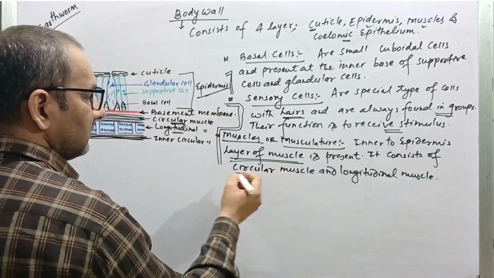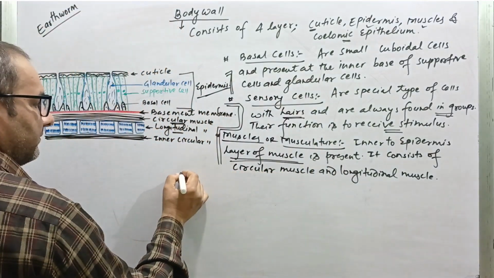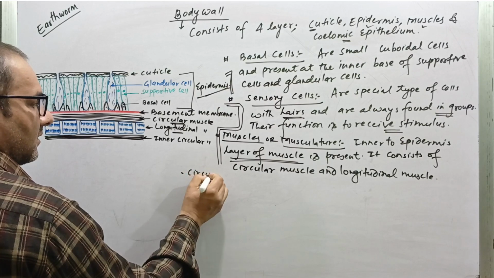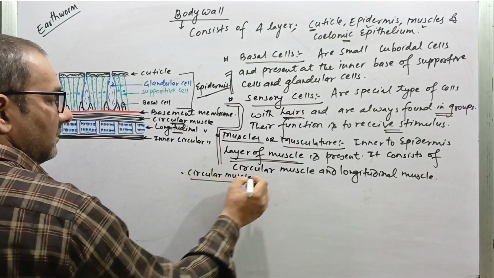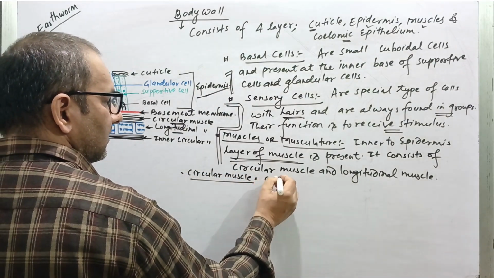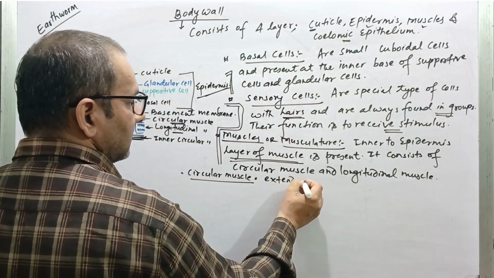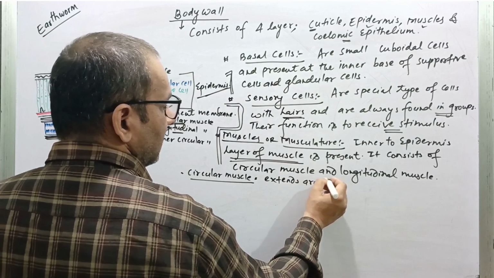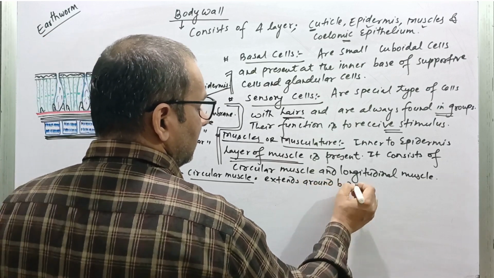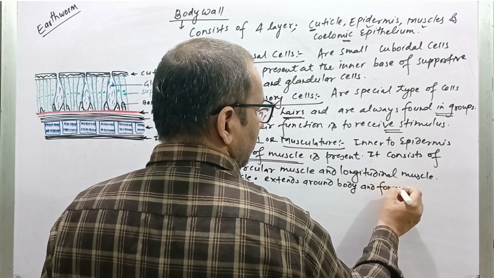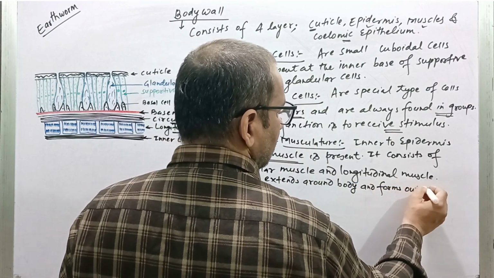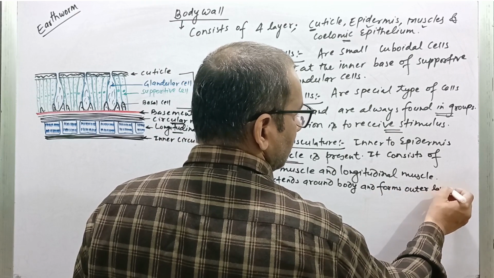So, the circular muscle extends around the body and forms the outer layer.